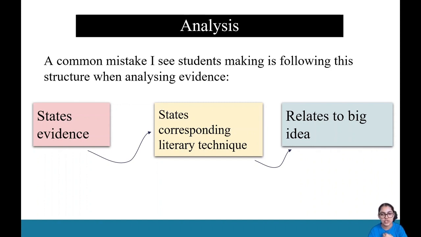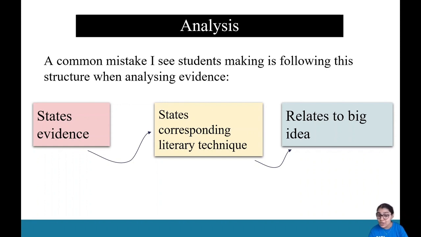We need to make sure that we don't just stay with the technique, like "the use of symbolism in this allows us to see the text link back to whatever." That's very general. Remember, the technique is there to achieve a certain purpose.